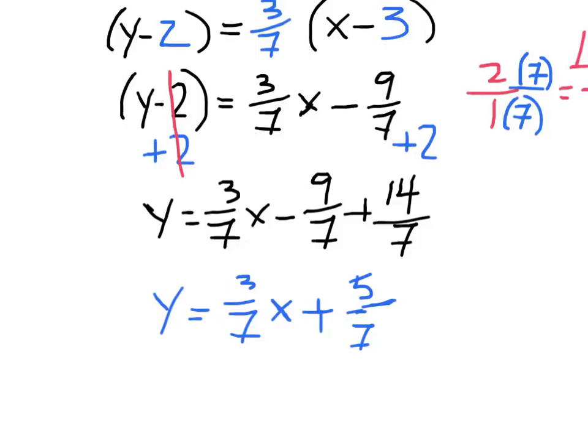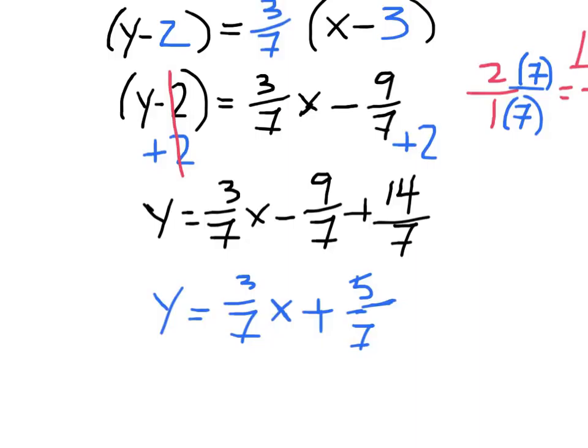What did I mess up? Should be B. Where did I mess up? Oh, yeah, x minus -3. It's minus 14 over 7 instead of plus 14 over 7 is what it should be, because then it'd be 23 over 7.